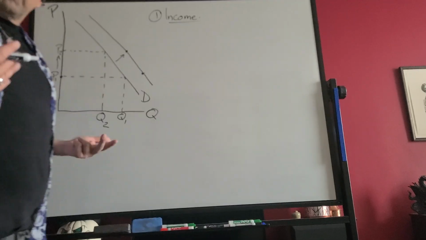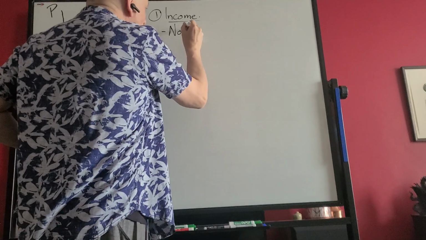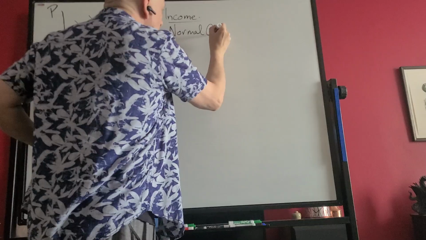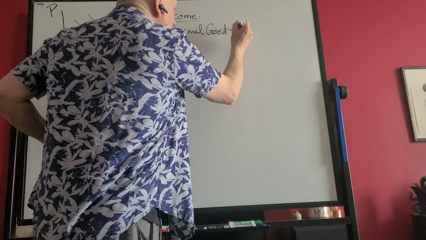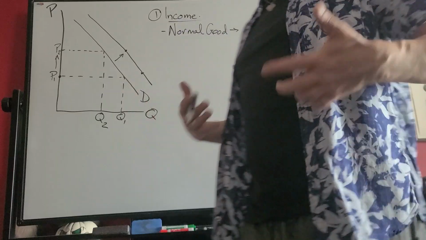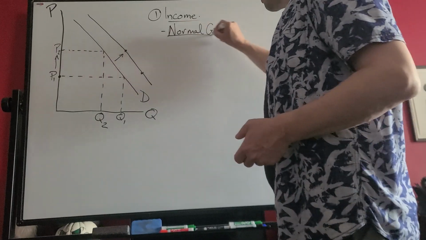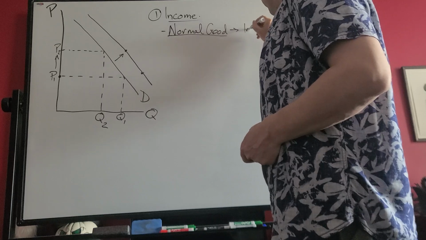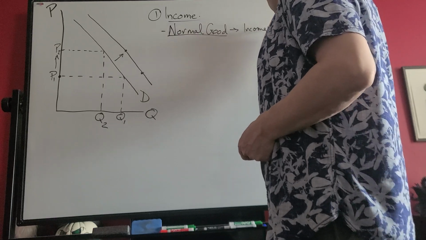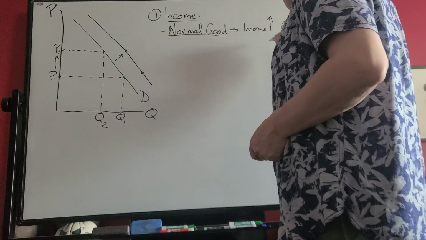Now, this thing about income changing has some interesting effects. That's where we have to separate types of goods. So for a normal good, in most cases, there is something that economists would call a normal good. As income rises, quantity demanded is going to rise.